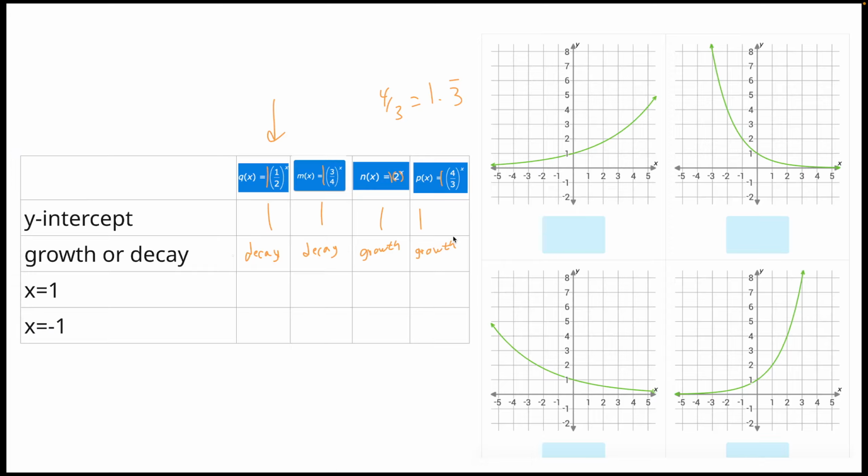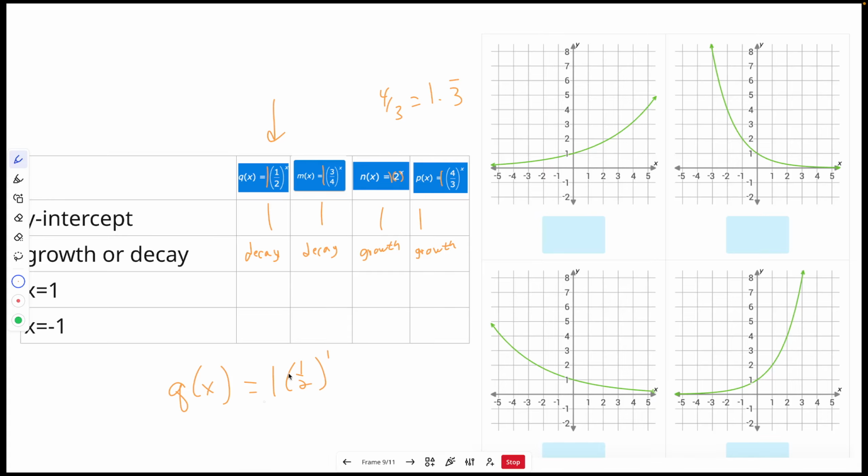So now, this is something new. The next step is to plug in x equals 1. And what I mean by that is, let's look at Q down here. Q of x is 1 times 1/2 to the x power. And when I say x equals 1 is the next test, we're going to replace the x with a 1. So we're going to change the x to a 1. And now, 1/2 to the 1 power is 1.